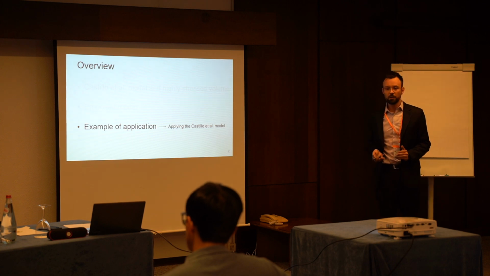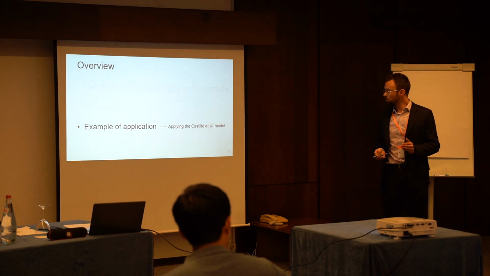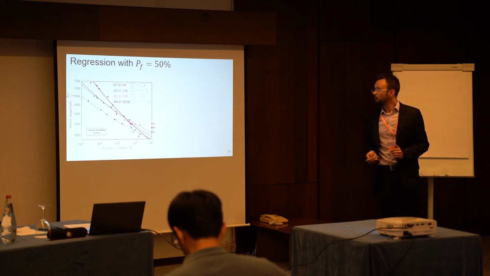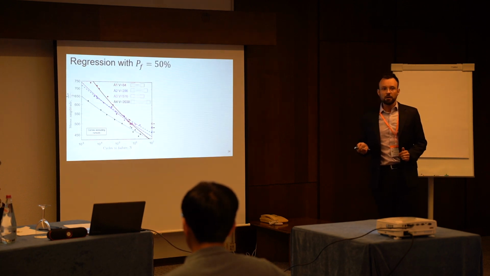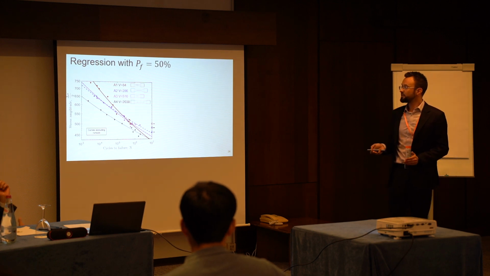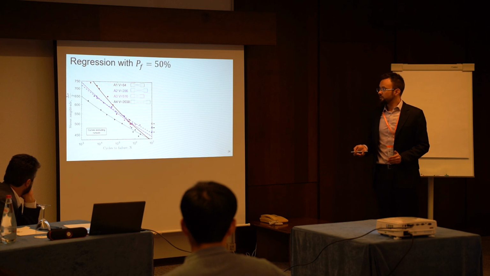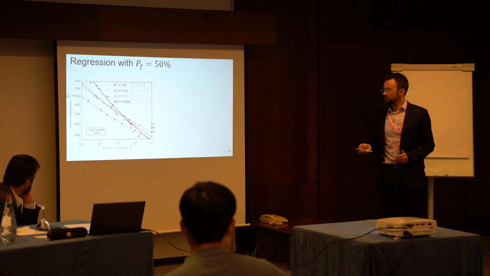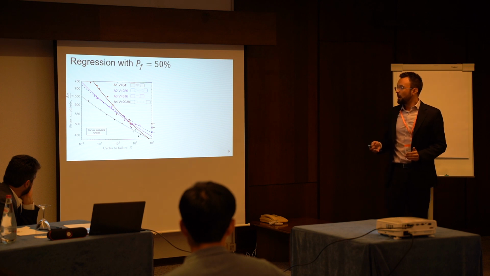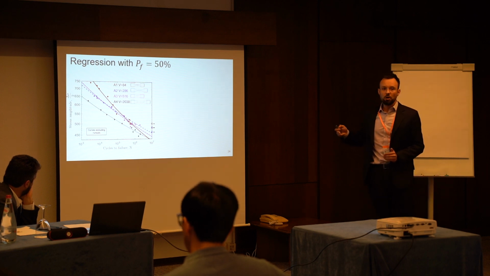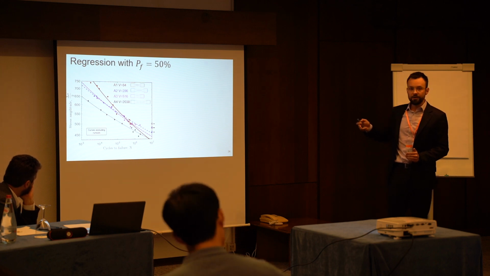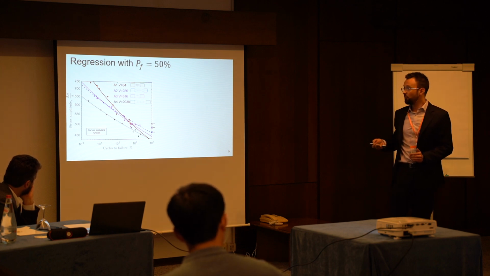Now about the SN curve, using the Castillo model. Here is the regression curve with probability of failure 50%. As we can see, and as we expected, A1 to A4 are ordered from the top to the bottom of the figure because the volume increases from A1 to A4.